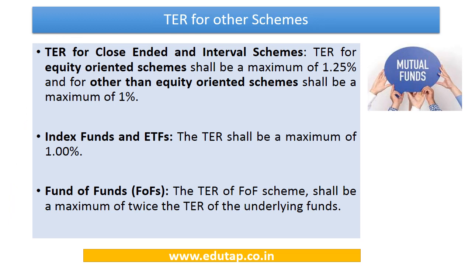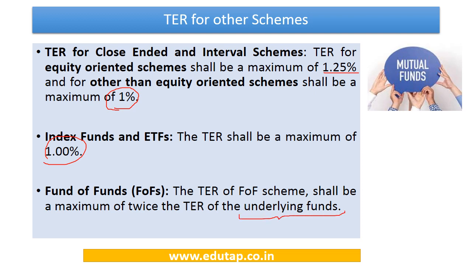Now for other schemes, for close-ended and interval schemes, this ratio shall be for equity-oriented schemes maximum of 1.25%, and for other than equity-oriented it will be maximum of 1%. And for index funds and ETFs it will be maximum of 1%. And for fund of funds it shall be maximum of twice the total expense ratio of the underlying funds which are making up this kind of a mutual fund.